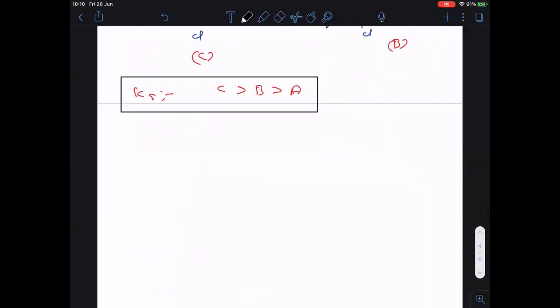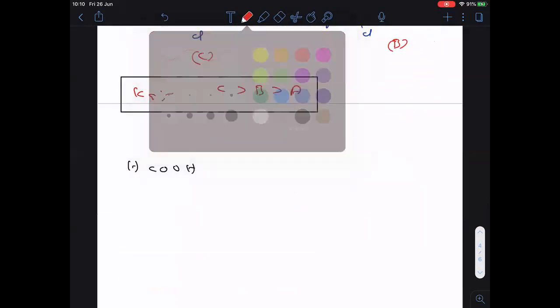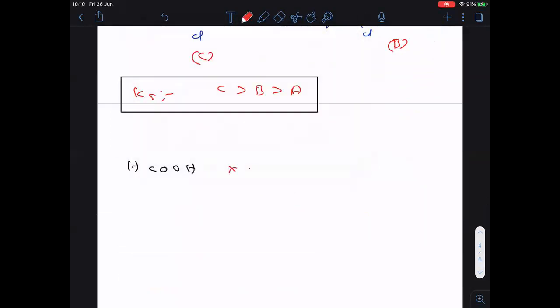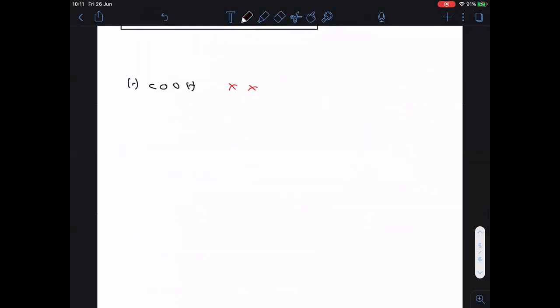Here let us take some compounds now. For example, tell me, formic acid, or we can say methanoic acid. Does it give the HVZ reaction? No. Why? Because it does not have an alpha carbon and it does not have alpha hydrogen either. Now let us take benzoic acid.